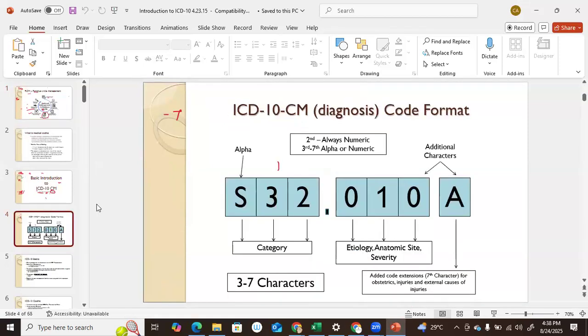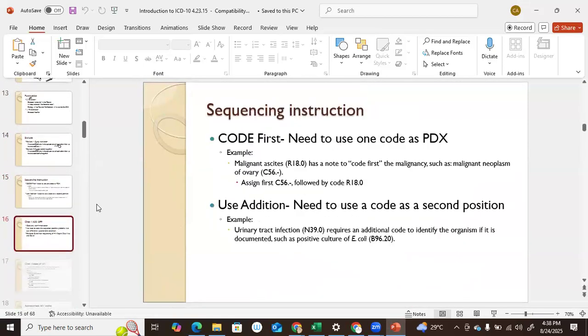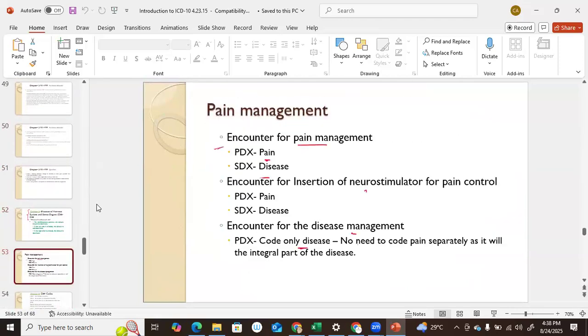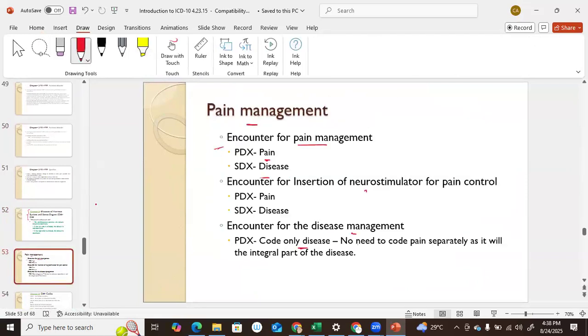Let me open this just a second. Here we go. Whenever a patient is coming to get treatment for pain management, in that case, we have to code the pain first and the disease second. But if the patient is coming for disease management, we code only the disease.